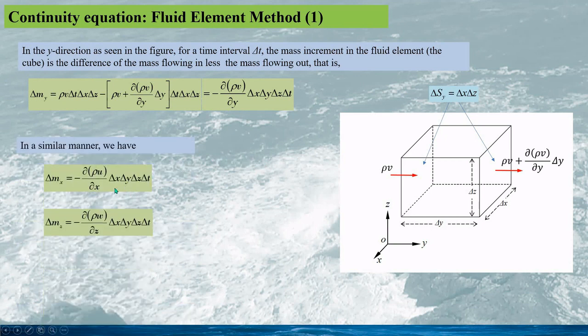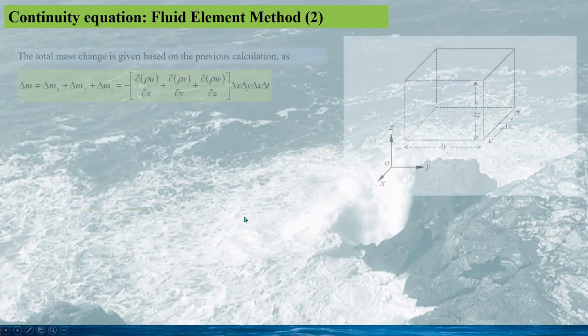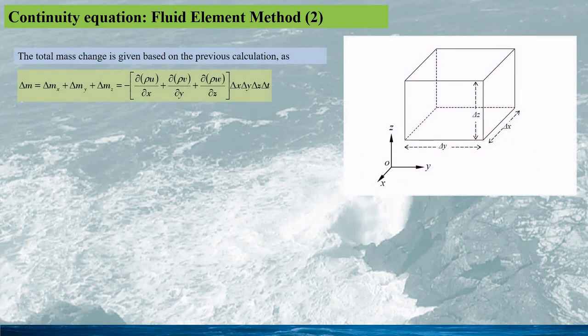In a similar manner, we can calculate the mass in the x direction, given as this, and in the z direction, given as this. So if we put all these mass increments together, the total mass change is given as this.